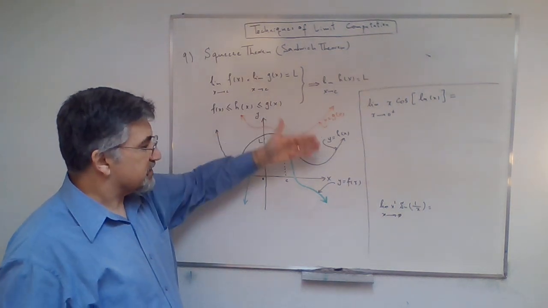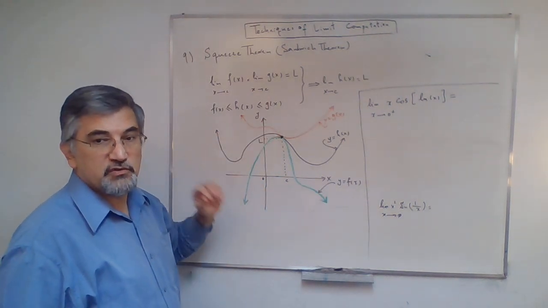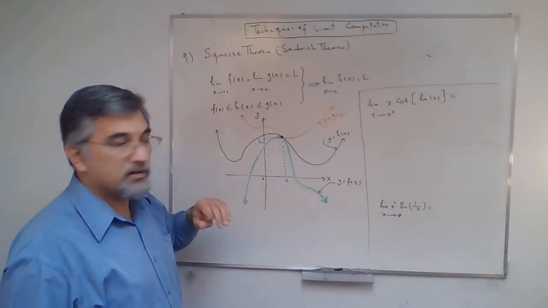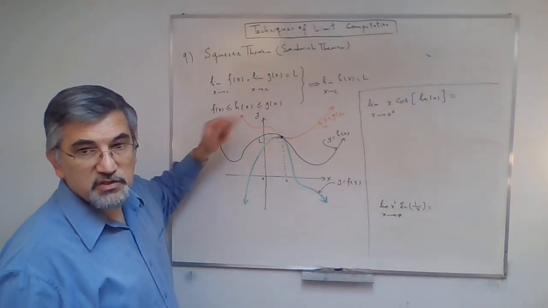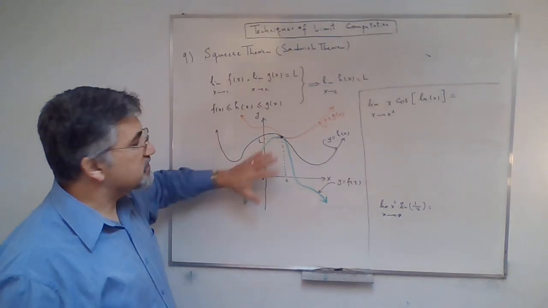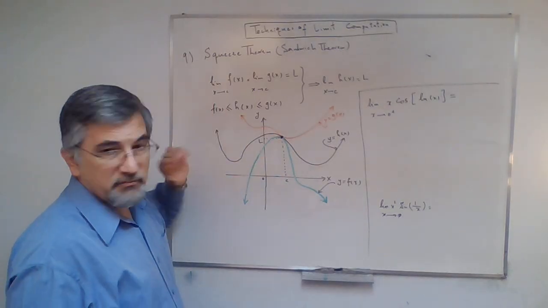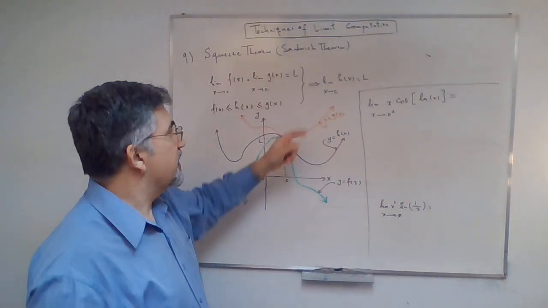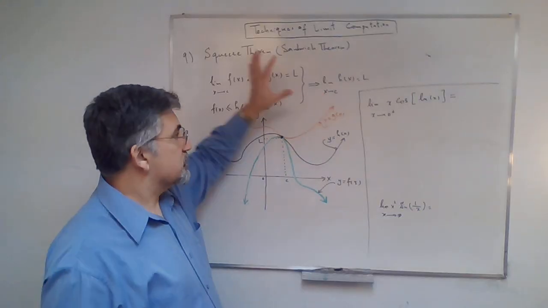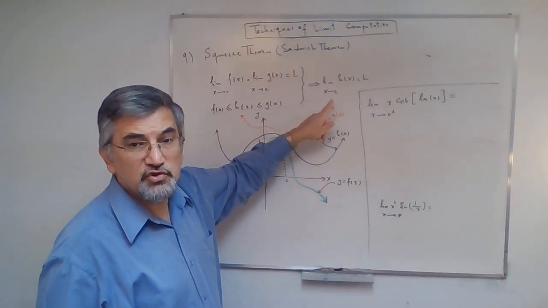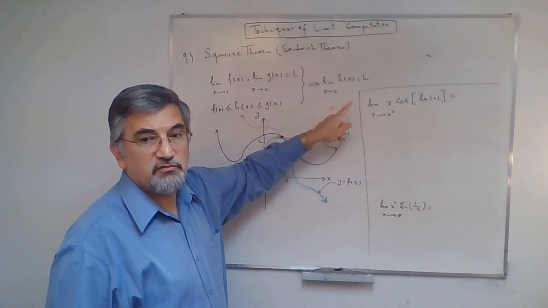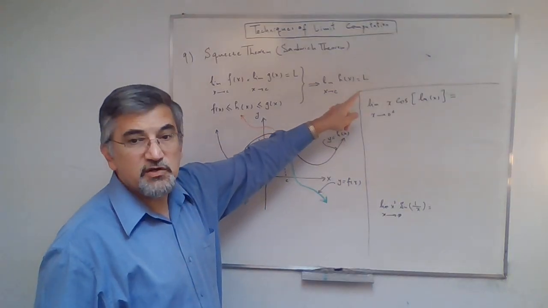Both of them are equal, and also our function h of x is squeezed in between these two functions. If this scenario is true, then we can conclude that the limit of h of x when x approaches c is also, I repeat, also equal to the same number L.